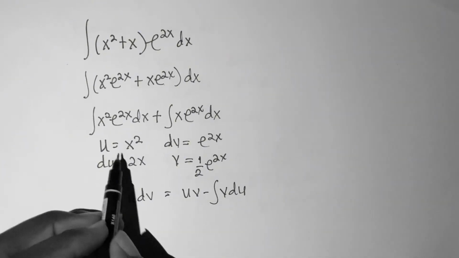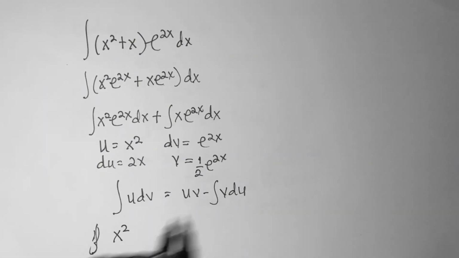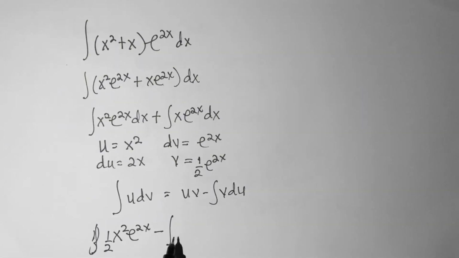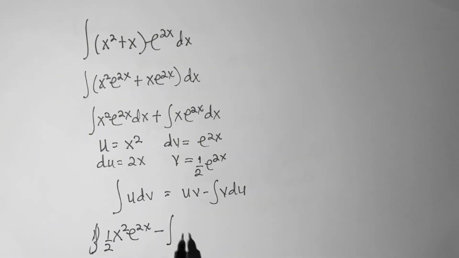So this becomes uv. U in this case is x squared. Then v is half. So half x squared, then exponent 2x minus integral of v, which is half exponent 2x, du. Du is 2x. So it's the same as 2x times 1 over 2 exponent 2x dx.